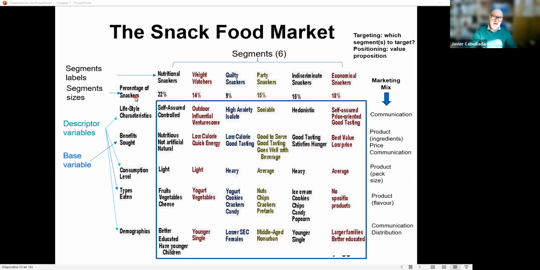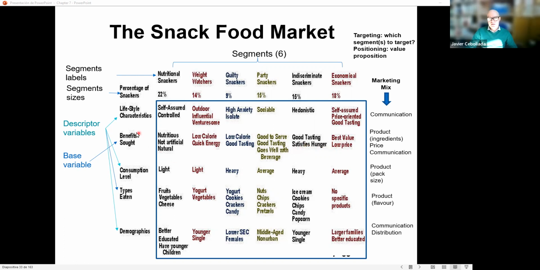Okay, and in this case, the main variable here will be the benefits sought, probably. Some consumers look for nutritious, non-artificial, natural snacks, whereas others really want good tasting snacks, or snacks that satisfy hunger, without considering other potential benefits.